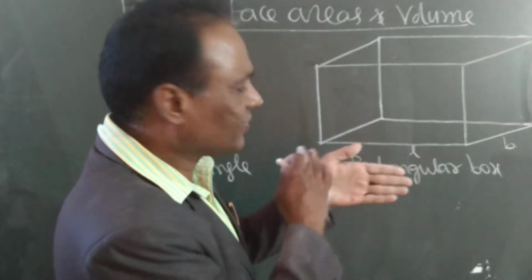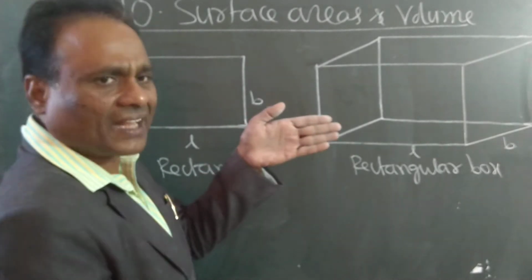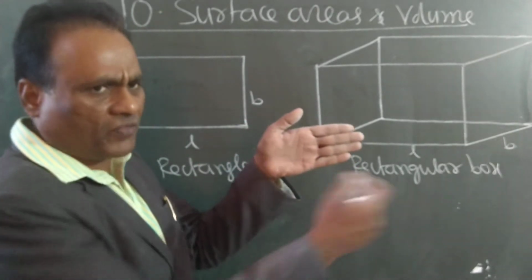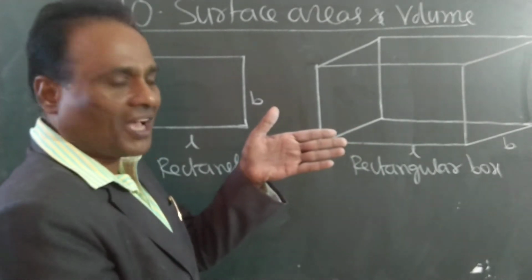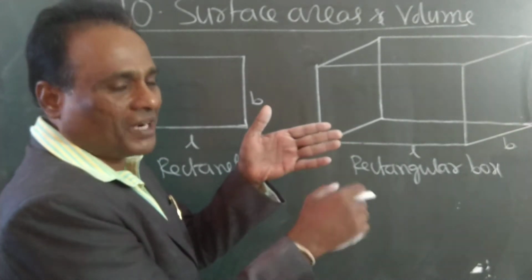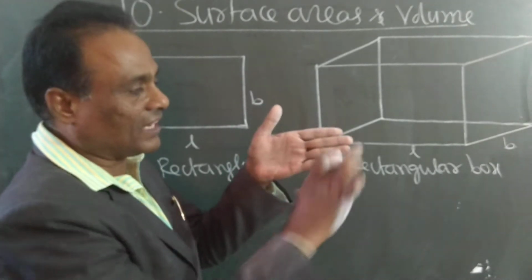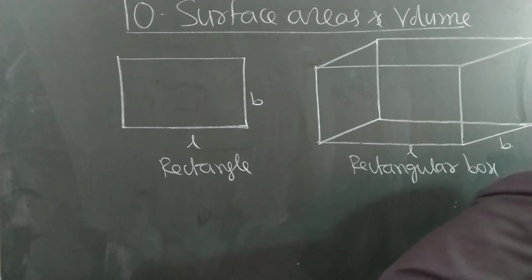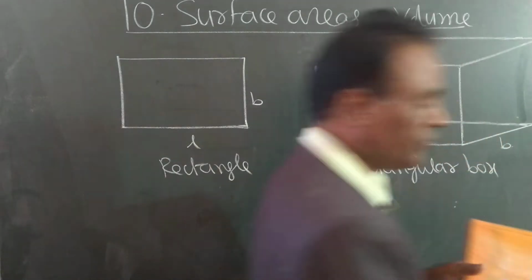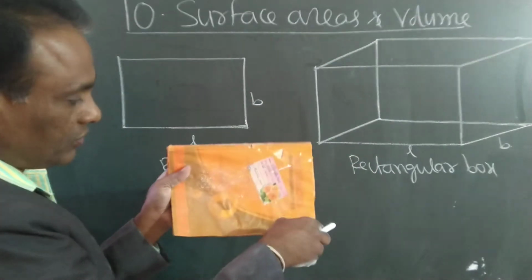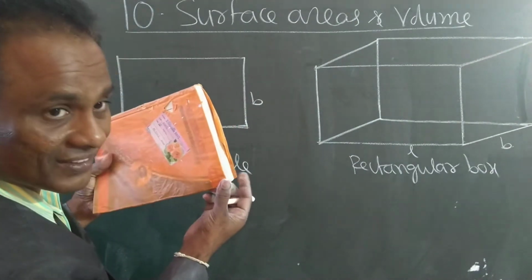Suppose you take, for example, a paper from your textbook or notebook. It will have a rectangular shape, with length and breadth. Of course, it will have a thickness also, but if that thickness is negligible, it will have only two dimensions, length and breadth. Whereas if you take your textbook, it will have this length, this breadth and some thickness.